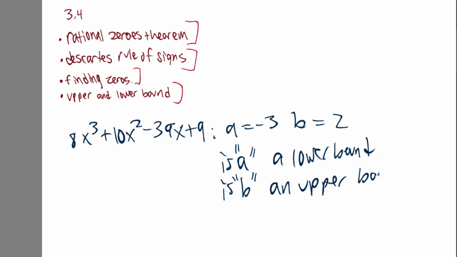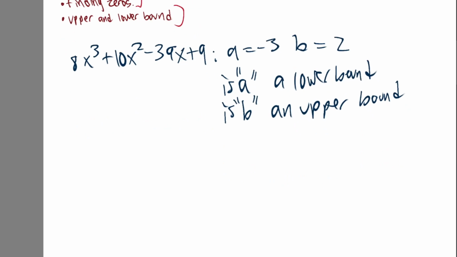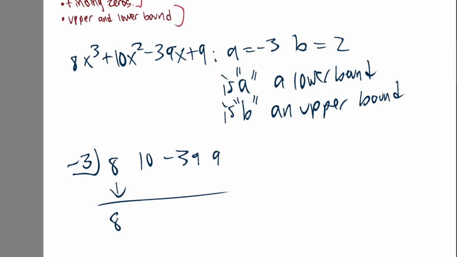And the way to find that is synthetically dividing again. So we're going to put our negative 3 into our little box up here. So 8x cubed, we don't need the x cubed, sorry. 8, 10, negative 39, and 9. And we're going to just synthetically divide. So negative 24, negative 14, negative 42, positive 42.